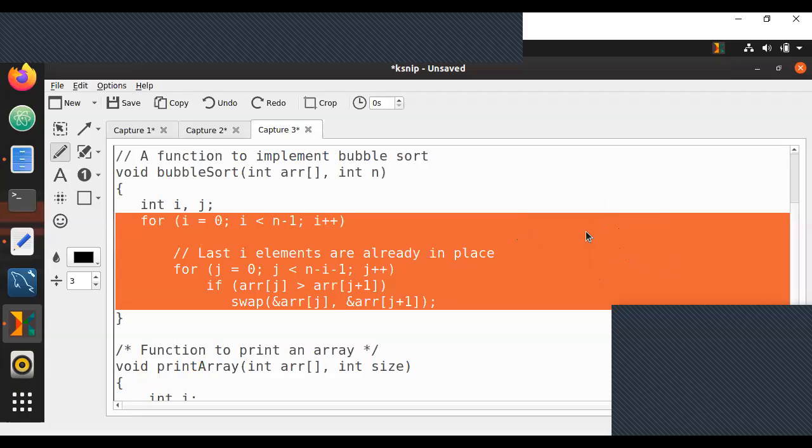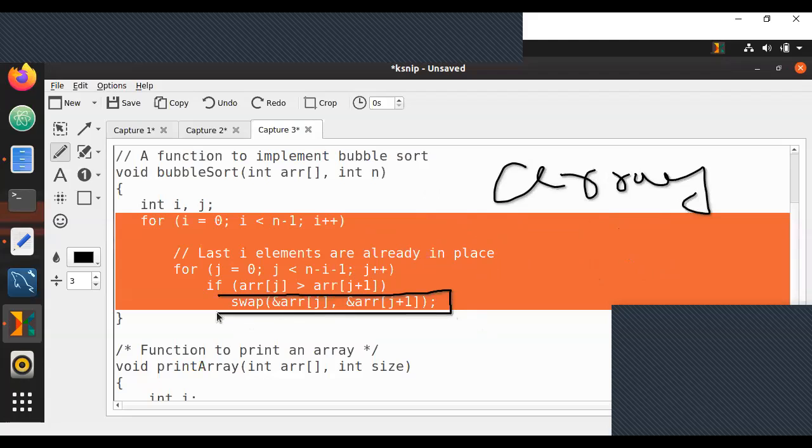Now if best time complexity is asked, what do you think best time complexity will be in this case? If you try to figure out best time complexity, it is when the array is already sorted. If the array is already sorted, will the swap function ever execute?